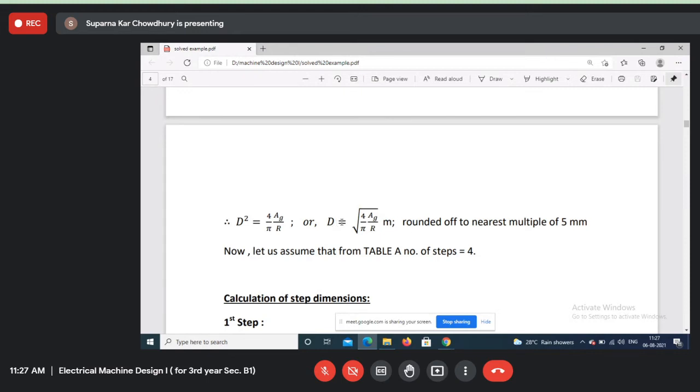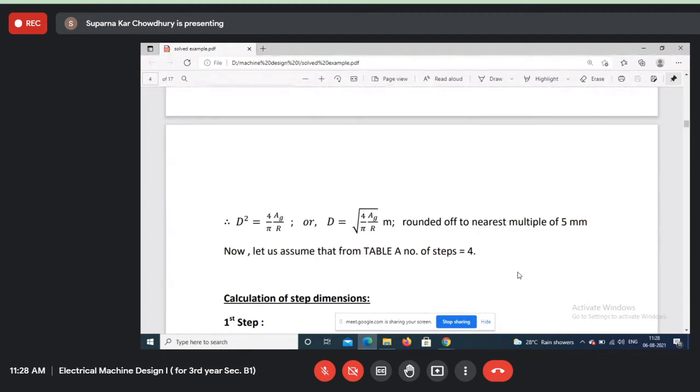Now this figure again has to be rounded off to the nearest multiple of 5 millimeter. Say if you get a value of 292, then you can round off to either 295 or 290. If you go for 295, that means you are going for a higher diameter, so when you calculate back, you will see your recalculated actual flux density will be slightly less than 1.75.